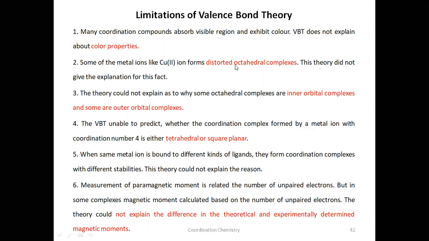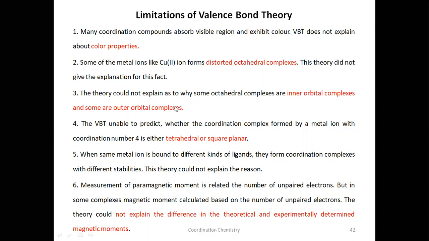Some of the complexes show distorted octahedral geometry also. That was observed in the case of the copper(II) ion. This theory could not explain that type of geometry. And we have seen that in some complexes 3d orbitals are involved in the hybridization, and in some complexes 4d orbitals are involved.